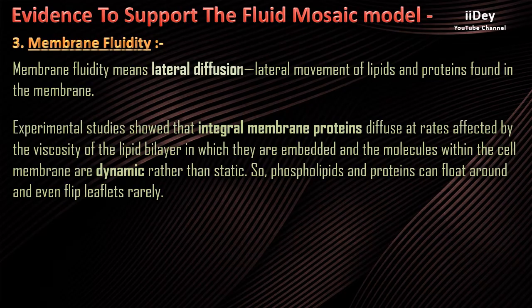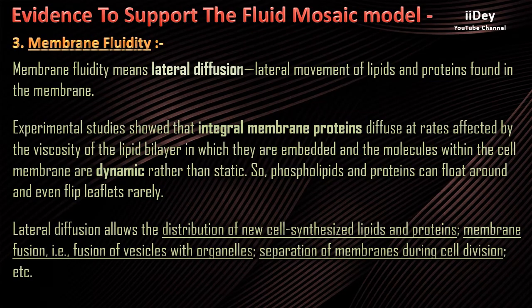So, phospholipids and proteins can float around and even flip leaflets rarely. Lateral diffusion allows the distribution of newly synthesized lipids and proteins, membrane fusion, that is, fusion of vesicles with organelles, separation of membranes during cell division, etc.